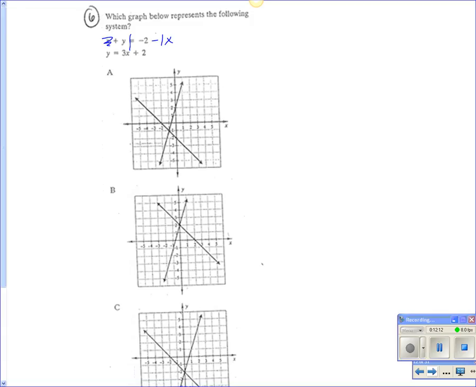So guys, on the first one, what is my y-intercept on that first line? Very good. What is my y-intercept on the second one? Right here. 2. So the easiest thing to do is to see which graph goes through negative 2 and positive 2.